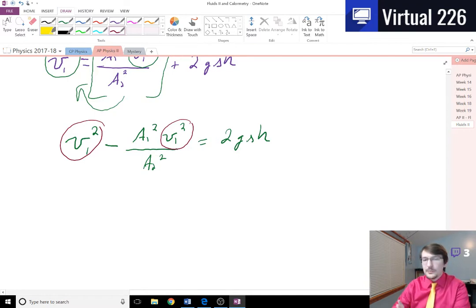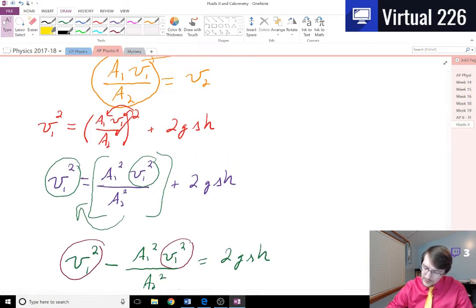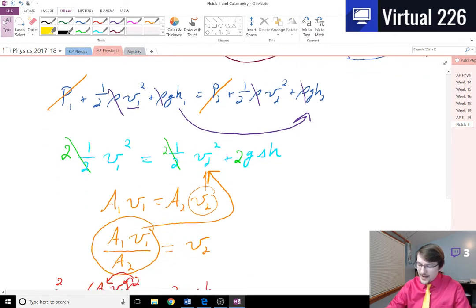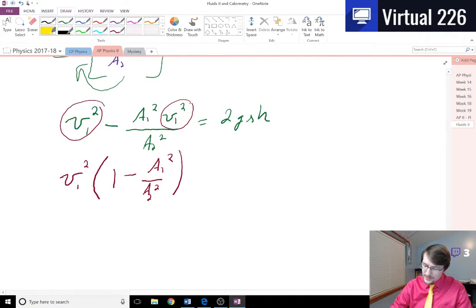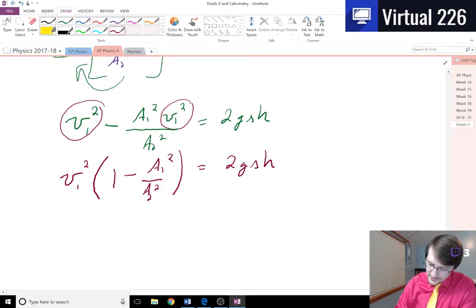The reason I'm doing that is now I see that this V1 squared is a like term here. So I can pull it out. I can have V1 squared times the quantity 1 minus A1 squared over A2 squared. And that's that quantity I was looking for up here. And this has to equal 2G delta H. And I'm feeling good about this now. I feel that we're just a step or two away from finishing this out.